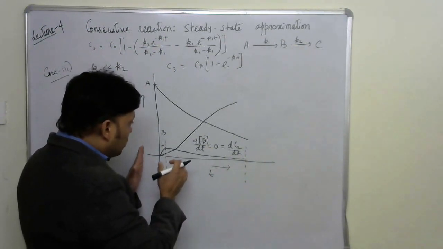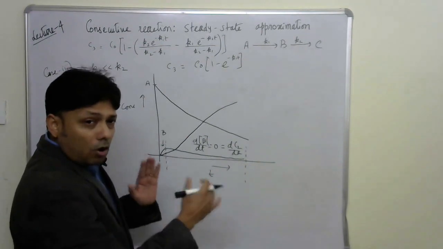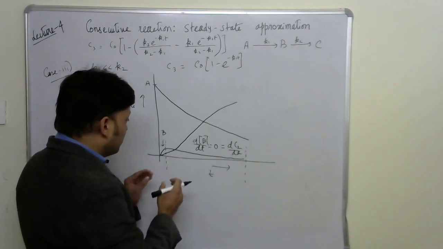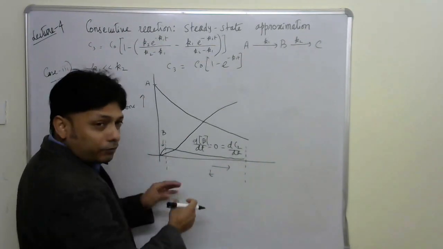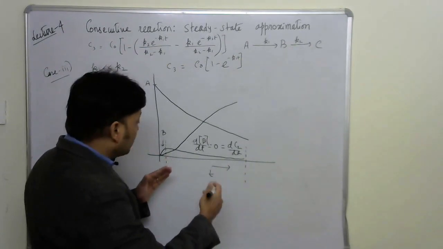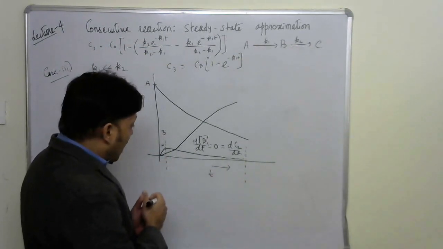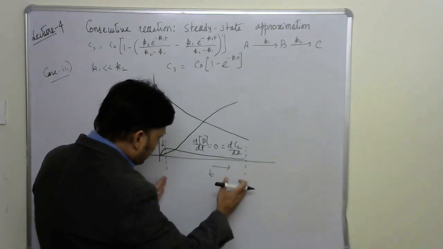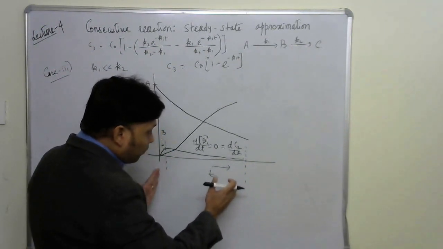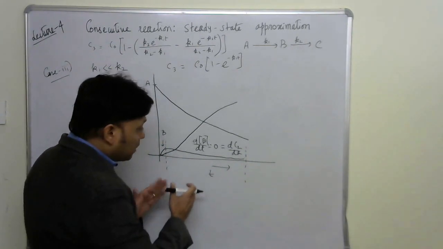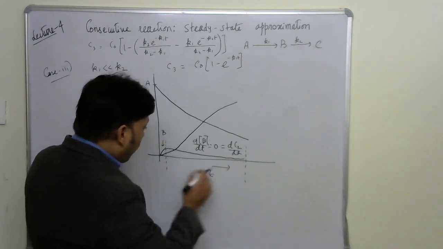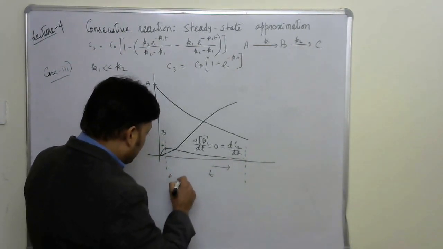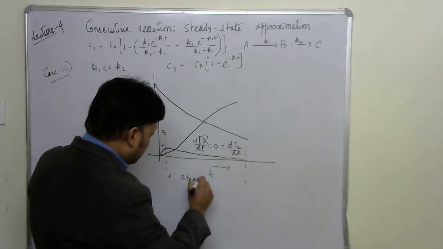That the concentration of B would appear to be constant very soon after the reaction started, and the time period where the concentration of B seems to be constant, we call that scenario steady state.